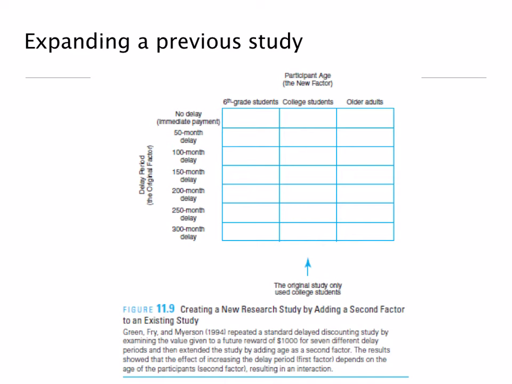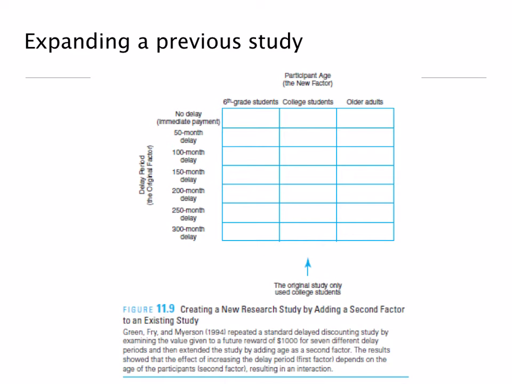And the information that we're going to get about 6th graders and older adults, and the information that we're going to get across the different age ranges and any interaction that we might possibly have between age and delay period is all this new information that we're able to get. So we're still able to look at this as a replication because we can see, did we find the same thing for the college students that we found the first time that they did the study?